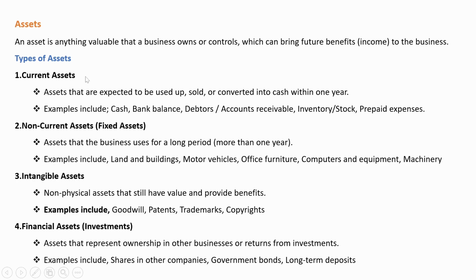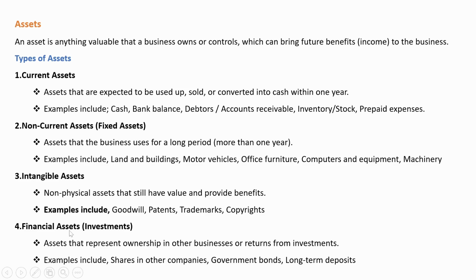The major classification of assets is current assets, number one, non-current assets or fixed assets, number two. Those two are the main classification of assets, because the other two, intangible assets and financial assets, can also be classified as current.